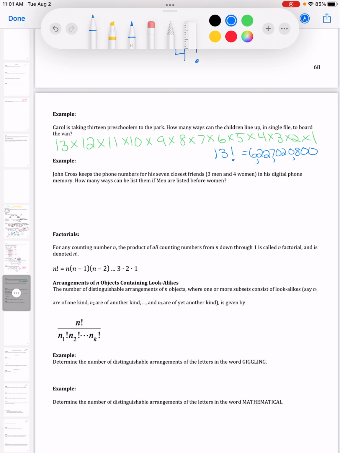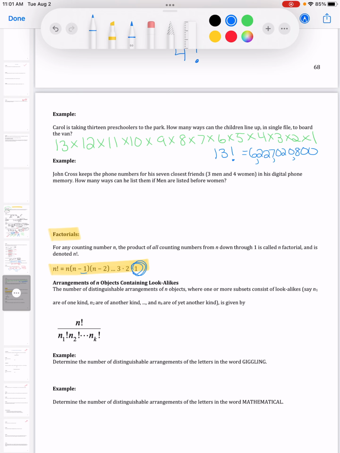And that's that factorial, and I've got that written up down here. It's where we're going to keep subtracting 1 until we get all the way down to the number 1. It's all the natural numbers less than whatever I use, and in that case it was 13.